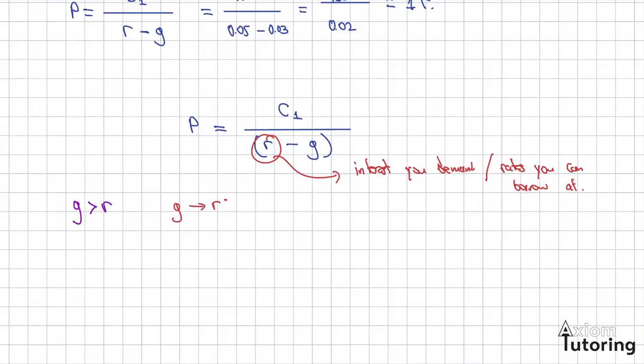Effectively, you can borrow at R from a bank. Let's say you're borrowing from a bank at 5%, and you can invest somewhere safe at 7%. Well, what will happen then? It looks like you could make infinite money by just borrowing more and more money from the bank, paying 5%, investing at 7%, earning the spread, and doing that day in and day out.